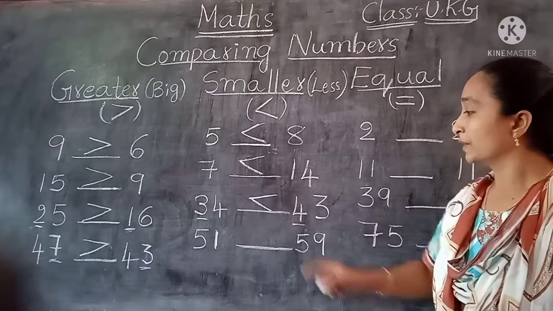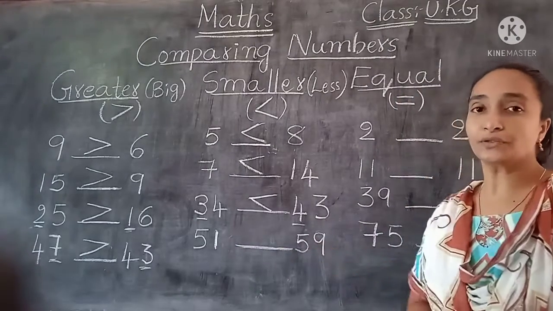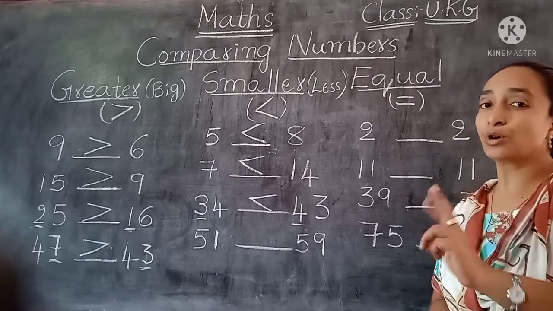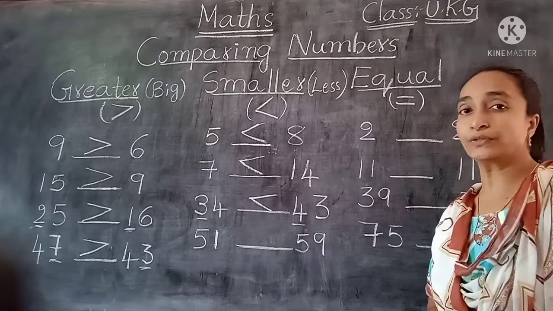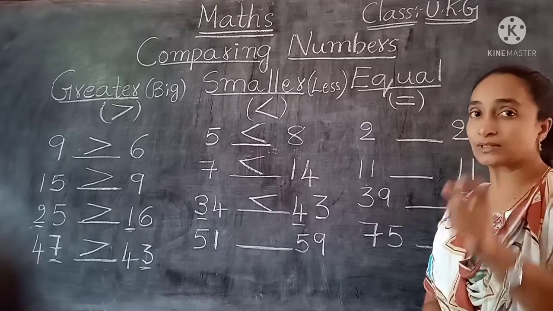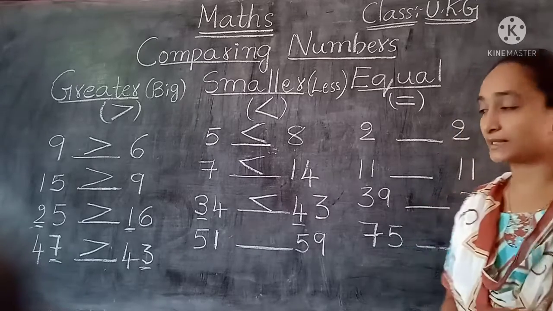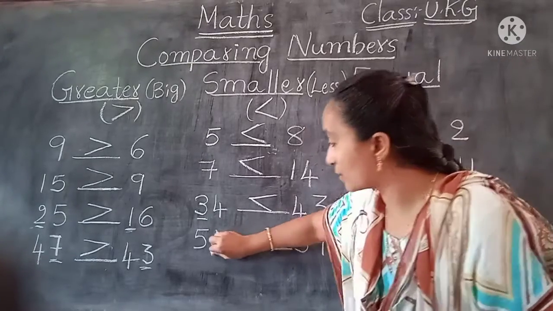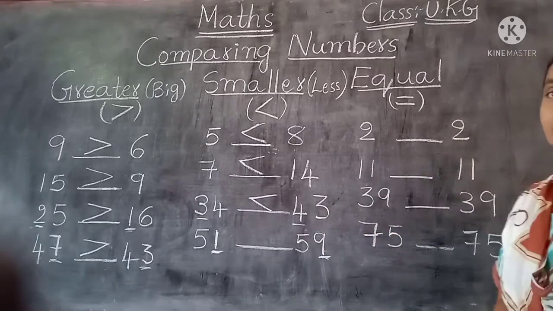Okay children? Now 5, 1, 51 and 5, 9, 59. Suppose the tens places are also equal. Then how could we find out? Suppose the tens places are equal means we have to check the ones place. Now the ones place here is only 1 one and here we have 9 ones.